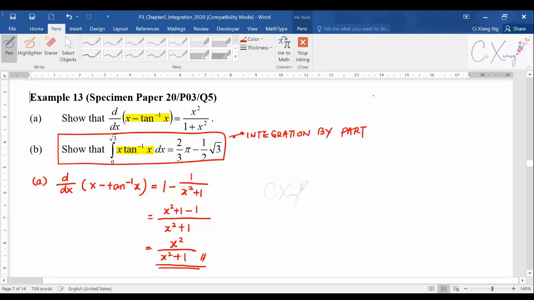You need to learn that technique for integration in this chapter later. After you learn integration by parts, only then can we integrate this. So for now, I will skip this part first, and we'll come back after we complete the integration by parts technique. This is what I want to cover for this video.